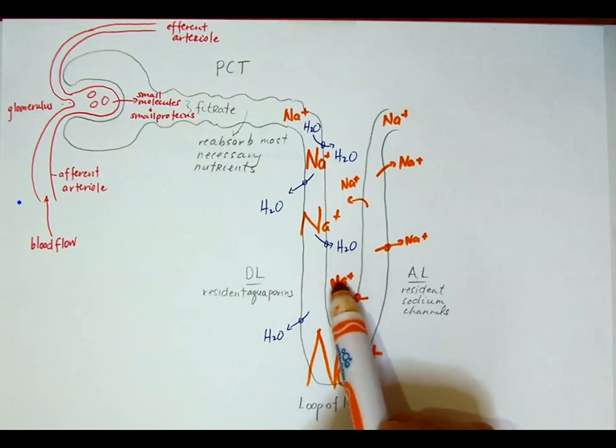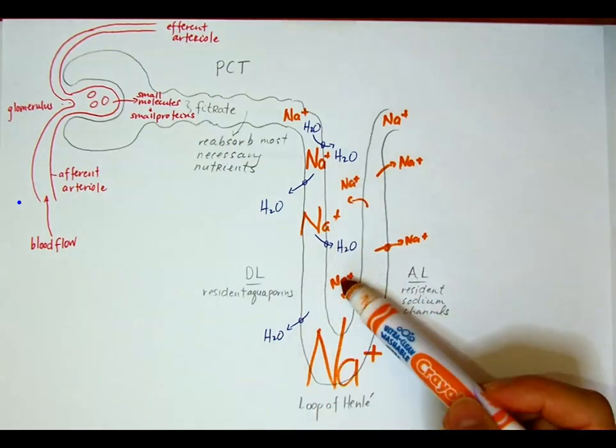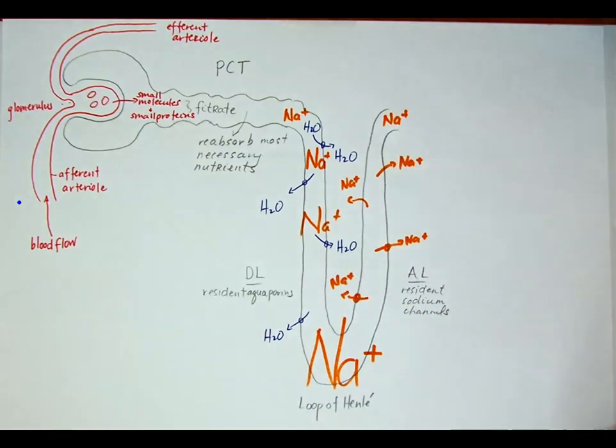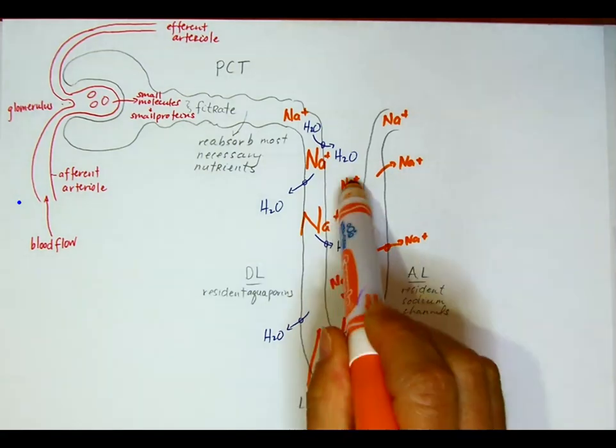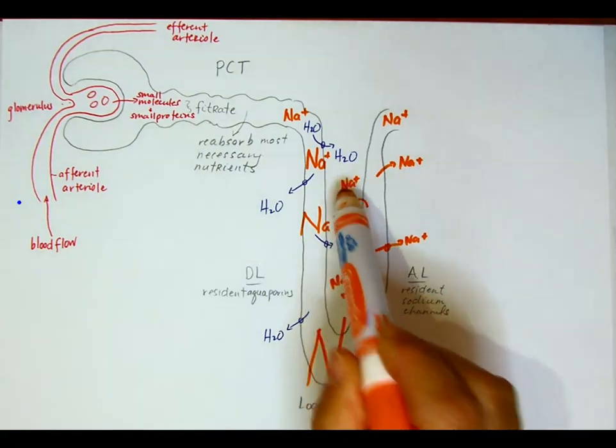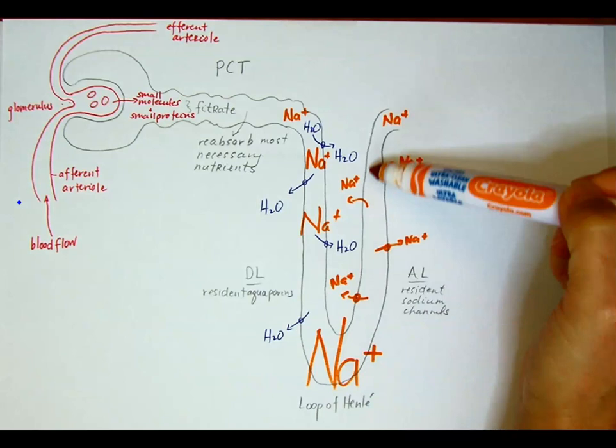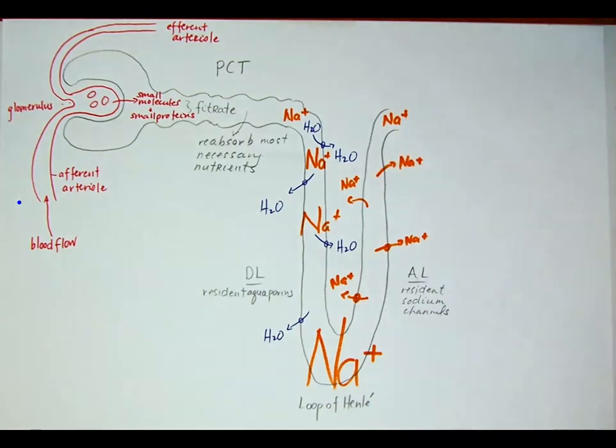So if you look at the loop of Henle, this is a beautiful design, because on one side of the loop, water is coming out because it's attracted to sodium that's coming out from the other side of the loop. So both sides of the loop are creating conditions where the other can come out. Water is attracted to the sodium, and sodium is now traveling down its concentration gradient.